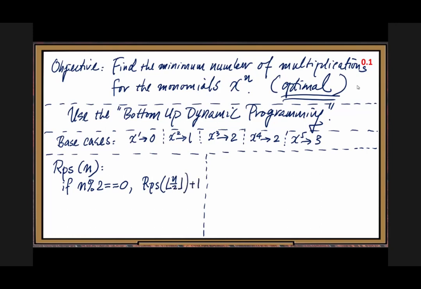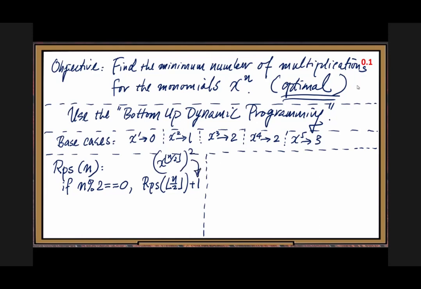So we split the number in half, but we square it. So this is plus 1 multiplication for the square operation. We calculate x to n over 2, then square. So plus 1 more multiplication for that square.